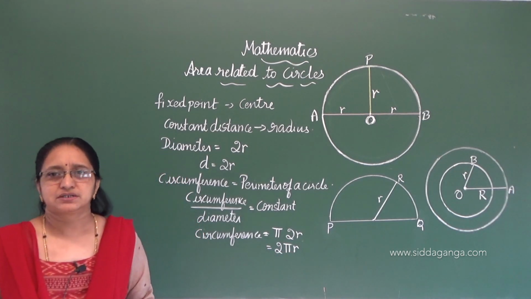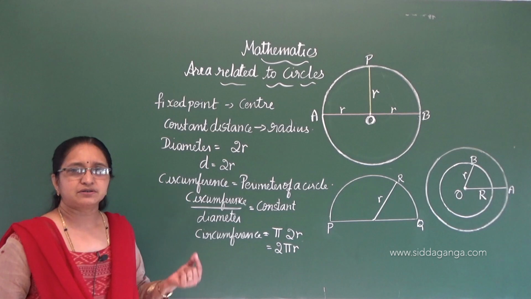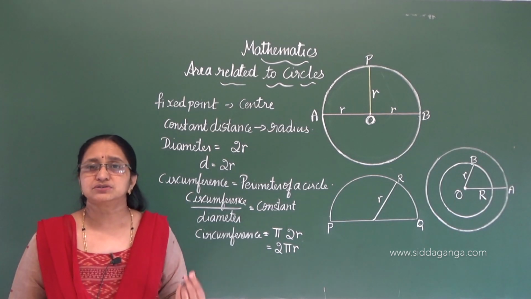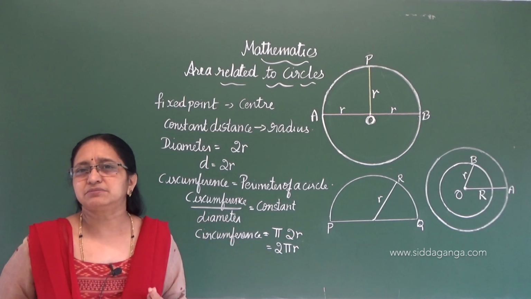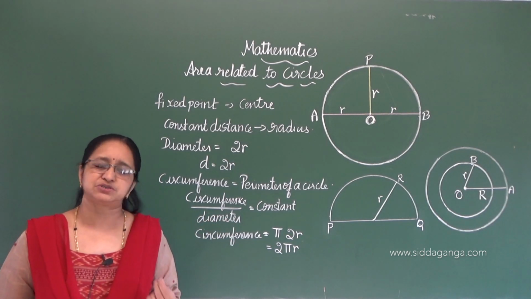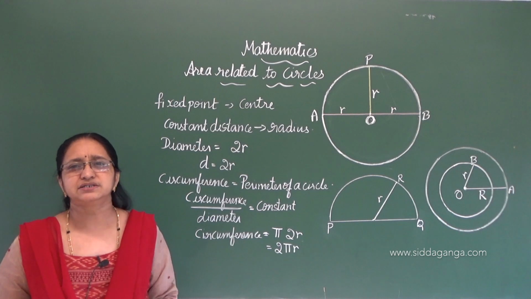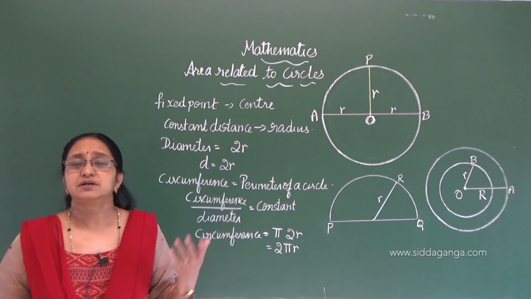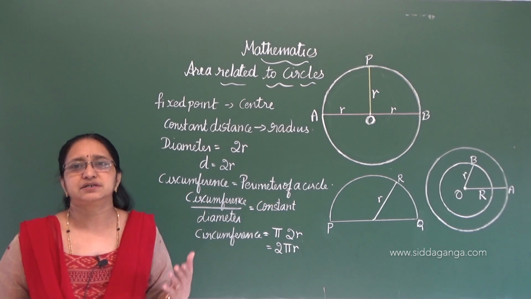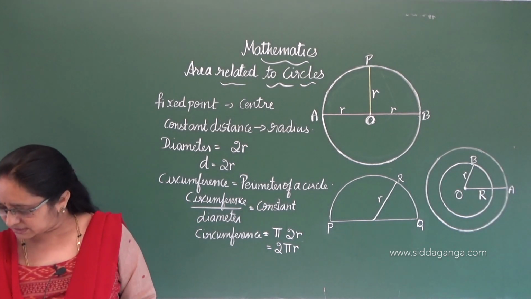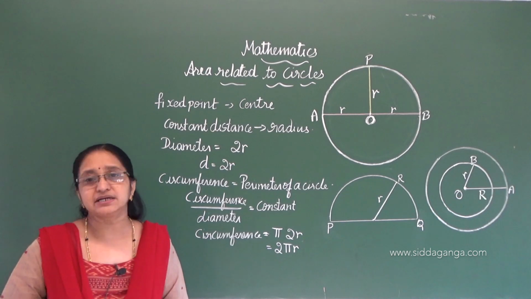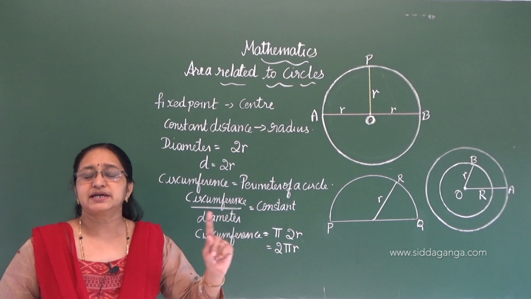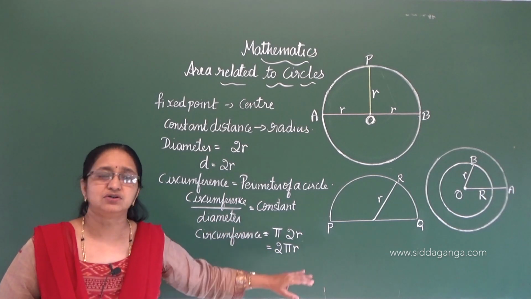Pi is approximately 3.1416. And our great mathematician Srinivasa Ramanujan also, by using his identity, calculated pi correct to the millionth place of decimals. In 9th standard you have learnt that value of pi.